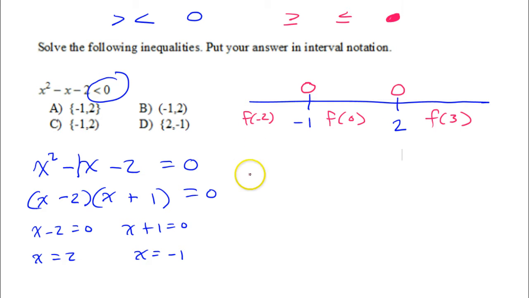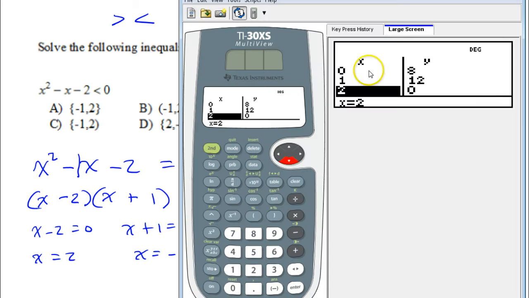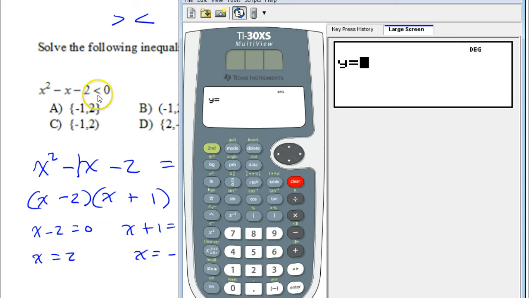Now, I'm going to use my TI-30XS MultiView to help me out. Okay, so I'm going to go to the table feature and I'm going to type in this equation. So I've got x squared minus x minus 2.